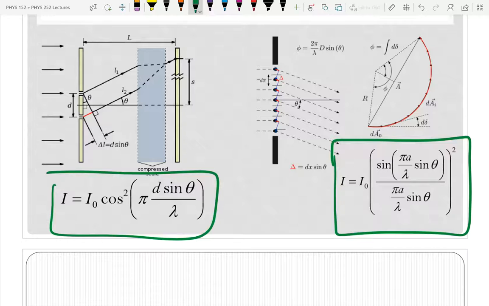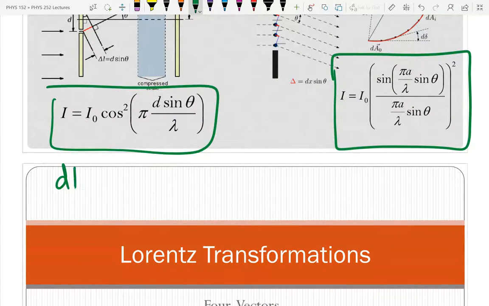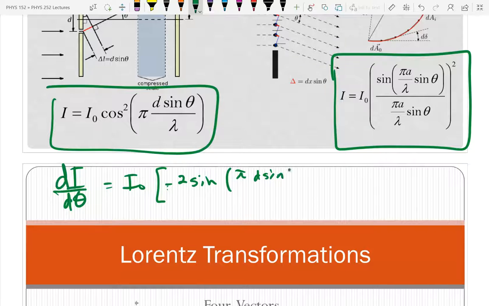Now, with the one on the left, it's really pretty simple. Let's just do this for each one. Derivative cosine is 2 sine, right? Well, minus 2 sine. And then chain rule.